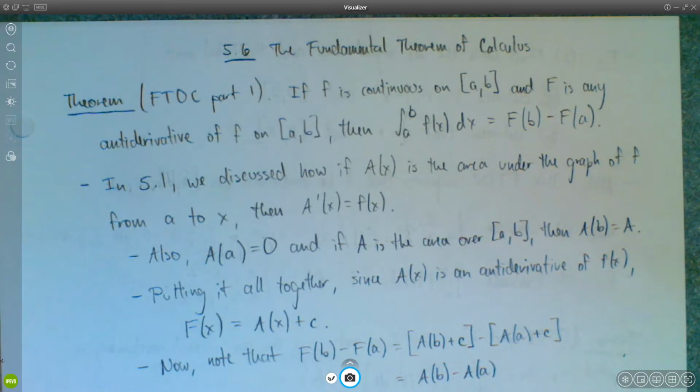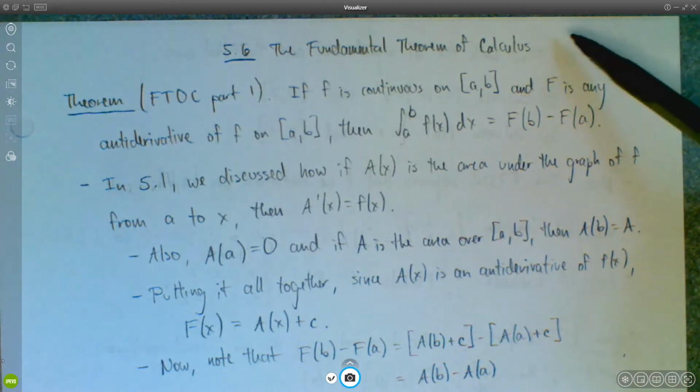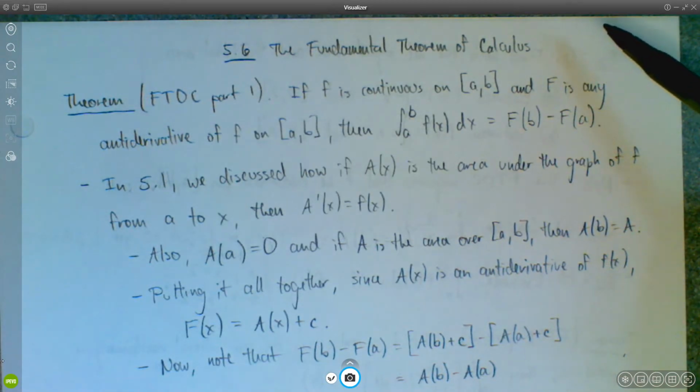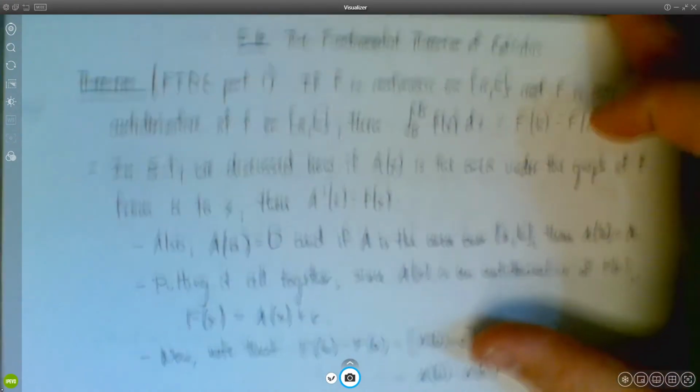Even more importantly, the fundamental theorem of calculus ties together integration and differentiation, which are the two major themes of calculus. So it's a really cool section. It's a really cool topic.